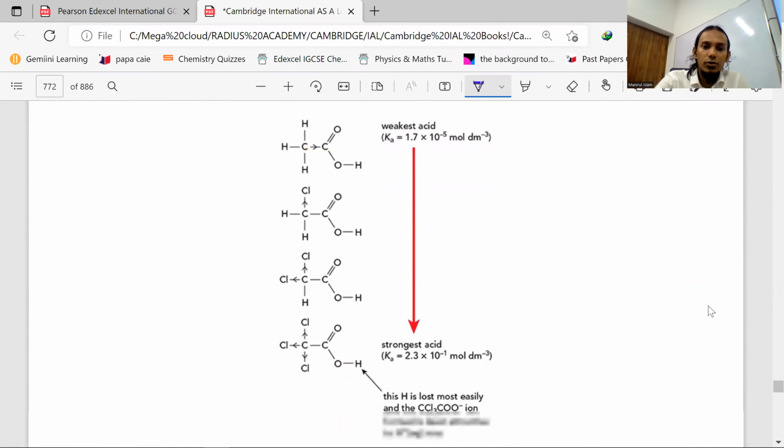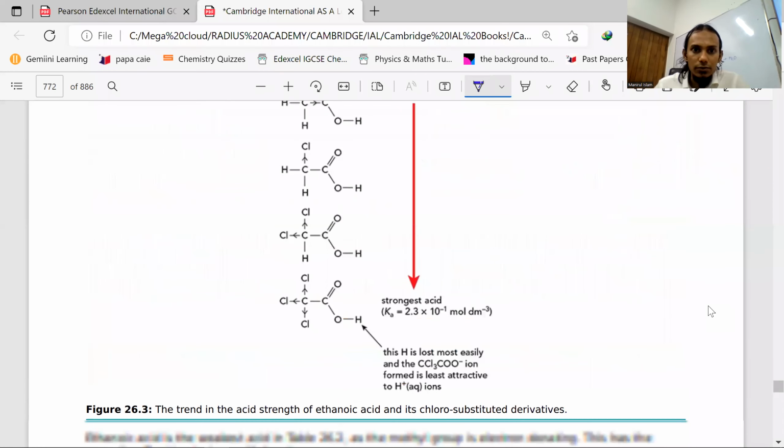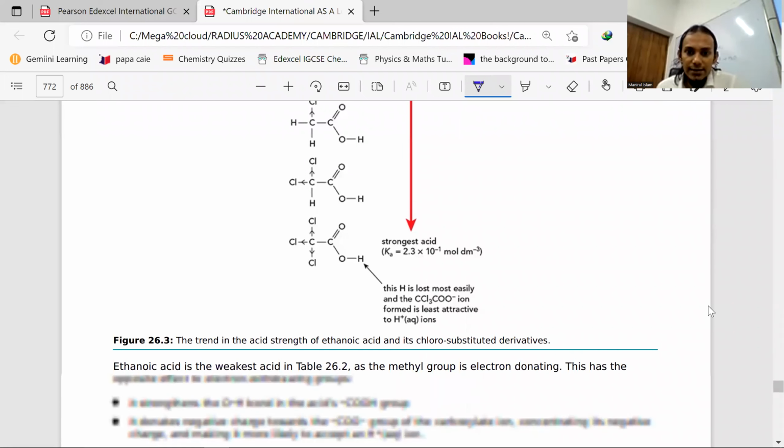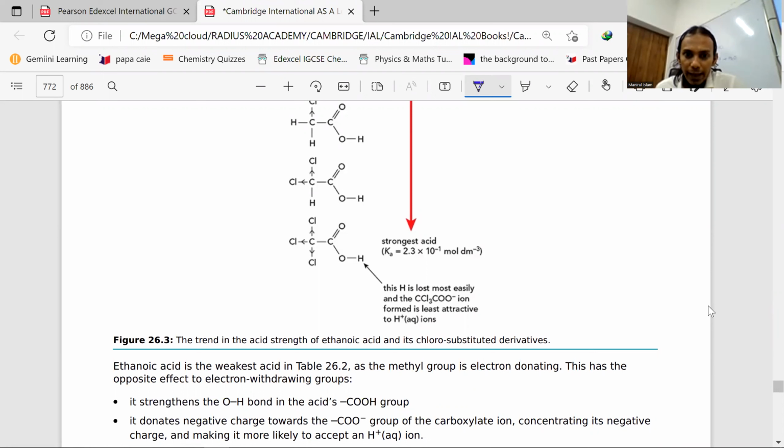এই যে দেখো এখানে সবগুলো দেখাইছি ওরা, ভালো করছে, এই যে methyl group is electron releasing. এখানে দেখো chlorine is withdrawing, এখানে দুইটা chlorine is withdrawing, এখানে তিনটা chlorine is withdrawing. So this H is lost most easily than this ion form is least attractive to hydrogen. তাহলে দুইটা পয়েন্ট দেখো, এখানে খুব ছোট করে দুইটা পয়েন্ট বলছে, point 1, point 2.